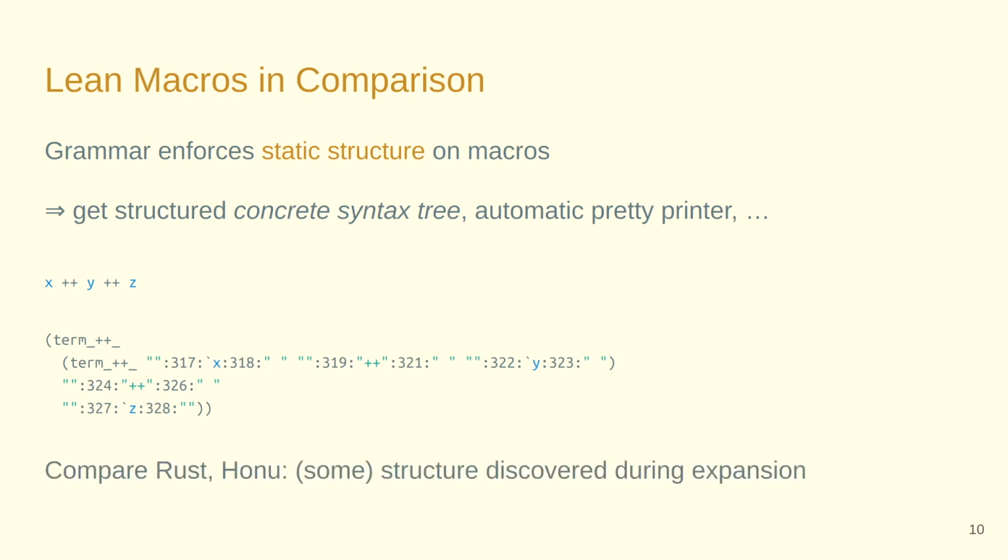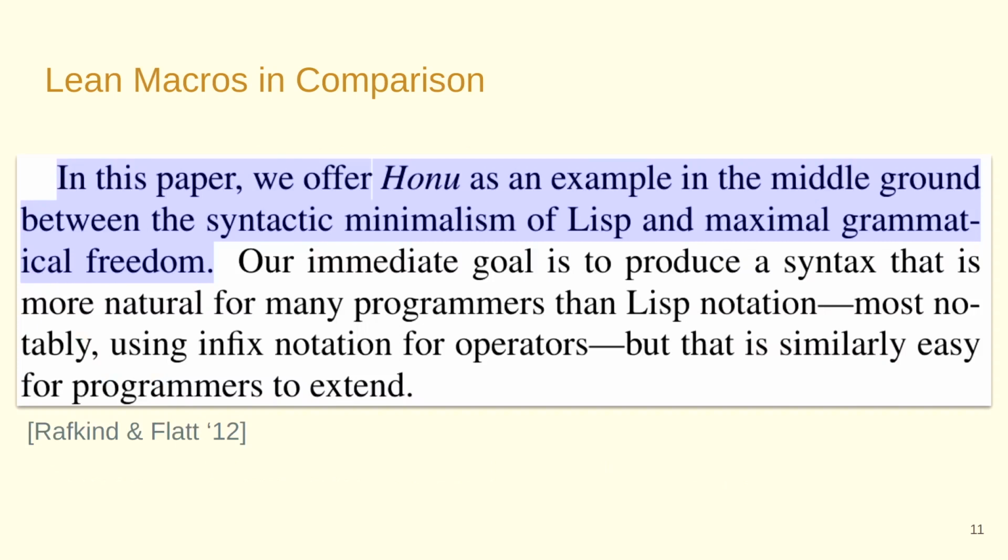So, for example, the Racket-related Rhombus language, which you might know, as well as Rust, which you also might know, do not have this separate grammar. They actually discover the structure of the syntax tree to some degree during expansion. So it's a quite different approach. And I think both approaches make sense for their respective use cases. In fact, the Honu paper is quite explicit about being an example in the middle ground between the syntactic minimalism of Lisp and maximal grammatical freedom.